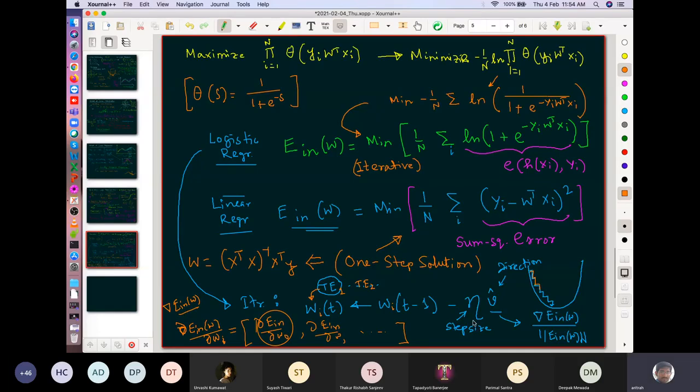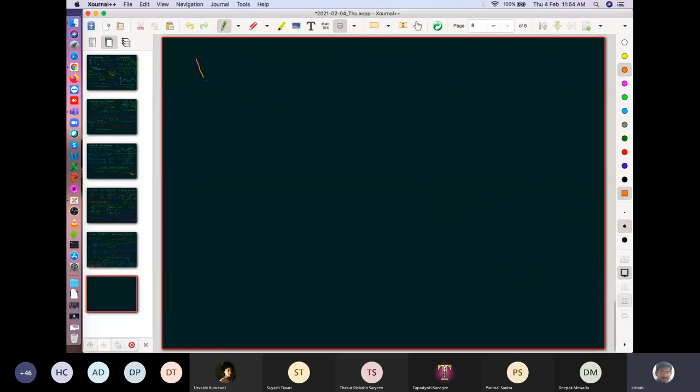Now the question is how the step size will be more or less. If this is my error surface and my step size is very small, then I will take very small steps and it will be a very long time before I converge here and find any better gradient. If my step size is very large, then I may go haywire, I may oscillate. So what people do initially is, how do you tune an old radio for an FM channel?